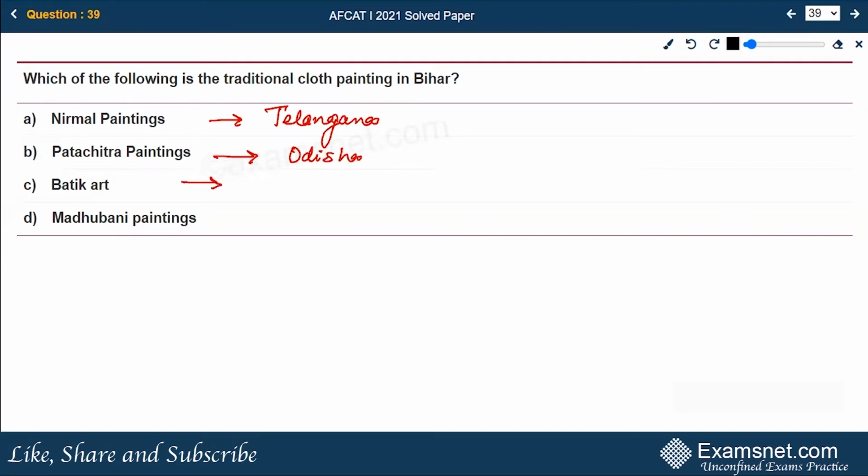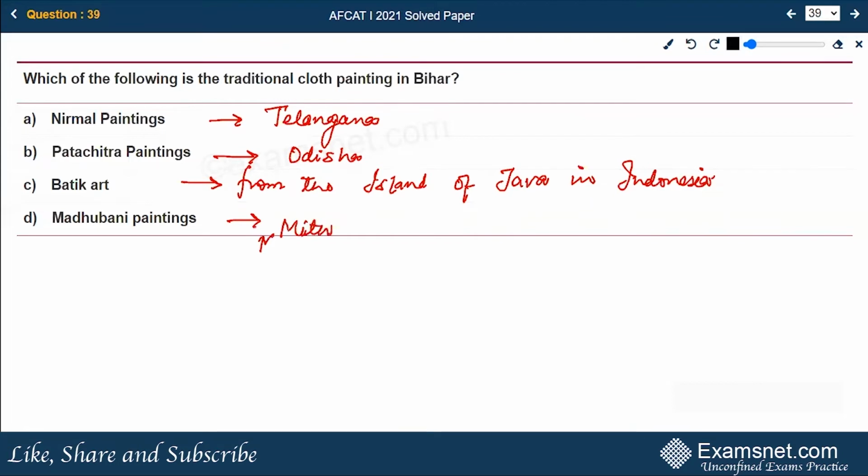Batik paintings is from the island of Java in Indonesia. Then the Madhubani paintings. This is a traditional style developed in the Mithila region in Madhubani, Bihar.